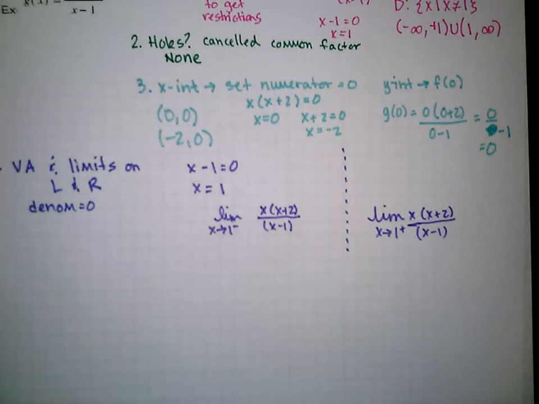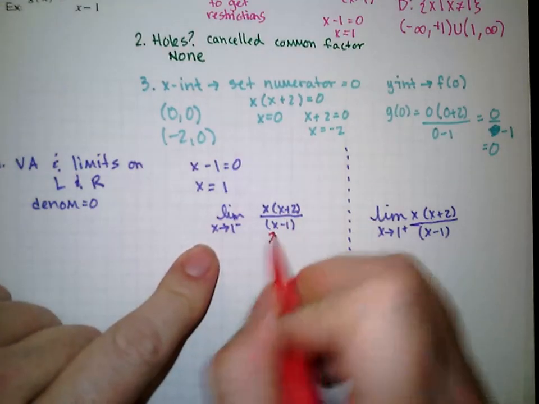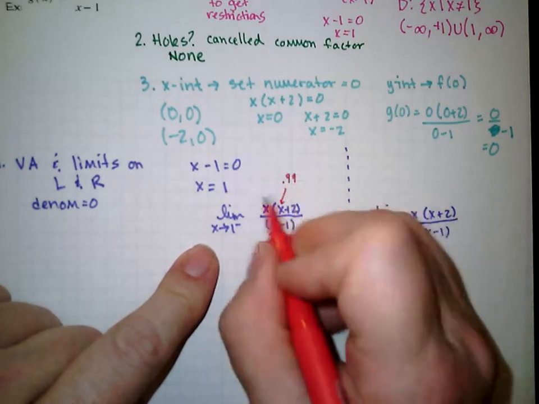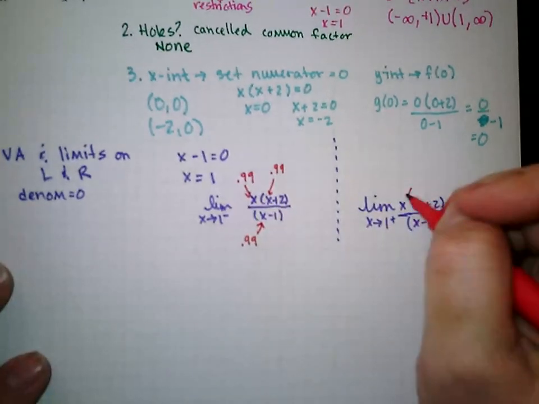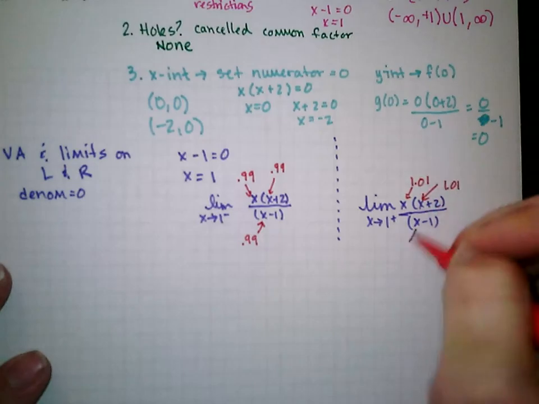We have done that by subbing in a value a little bit to the left of 1, like 0.99, and a value a little to the right of 1, like 1.01.